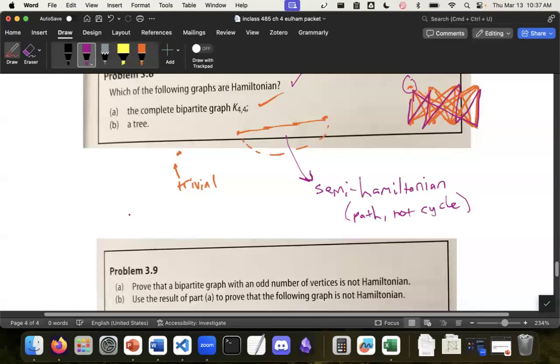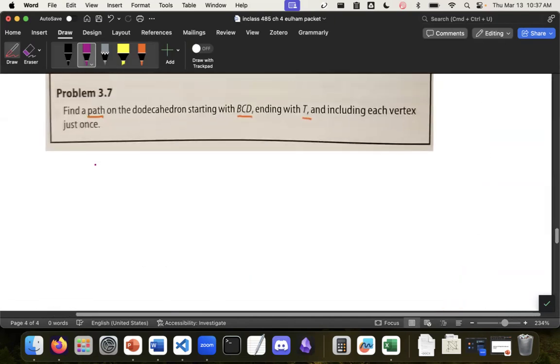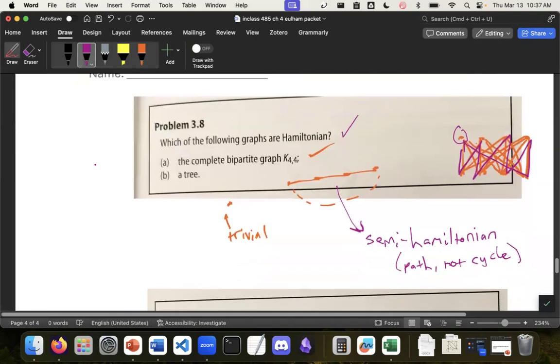Quick question for you. If we have a graph that's Hamiltonian, let's say the house, or a cycle, which is Hamiltonian, and we add an edge, is it still Hamiltonian?